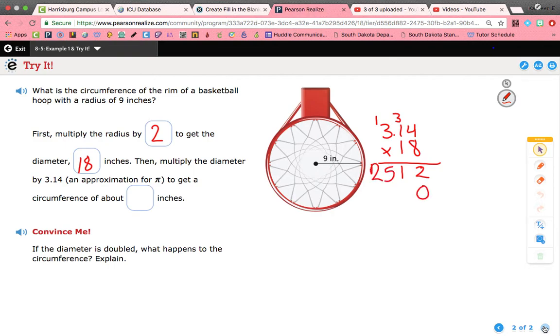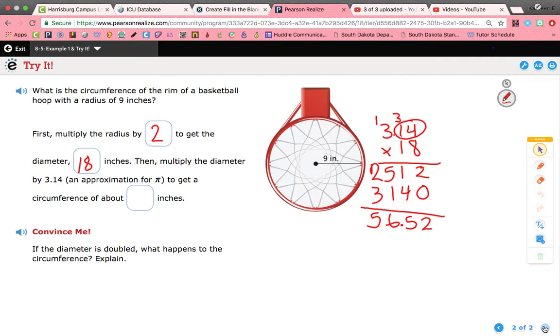Place value holder, I'm now moving to a different place value. So 1 times 4 is 4, 1 times 1 is 1, 1 times 3 is 3. 2, 5, 6, 5. I had 2 numbers behind a decimal up there, so I have 2 in my answer.